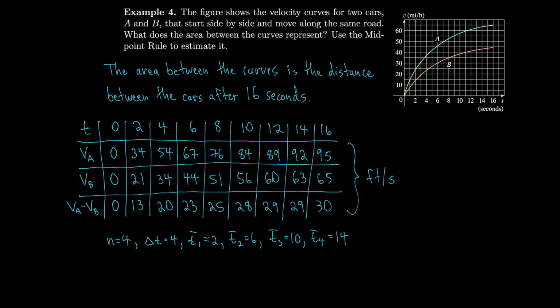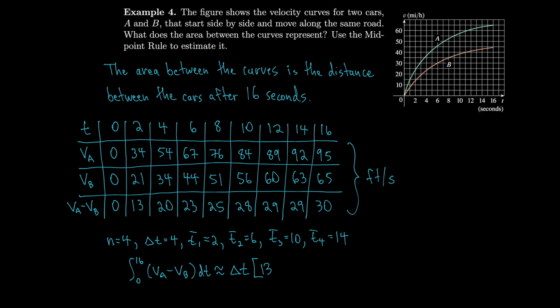Our integral therefore becomes the integral from 0 to 16 of the difference in our two velocities, velocity A, our top one, minus velocity B, our bottom one. We approximate that using the midpoint rule, so we have delta t times our function evaluated at these midpoints. So we look at this one over here at 2, so that's 13.